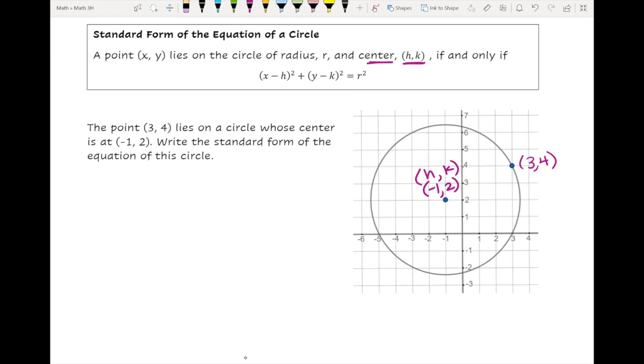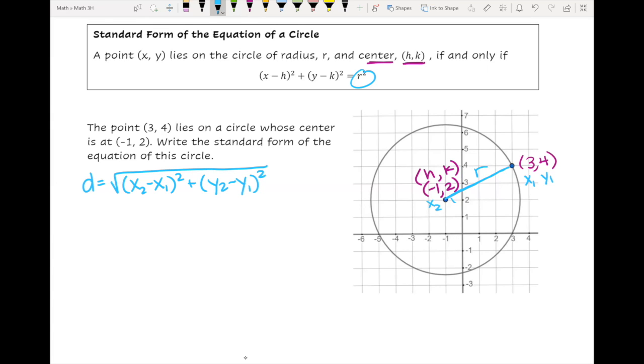So we're going to reach back to our last lesson. And I'll put this in blue here. We learned last time how to find the distance between 2 points. So when I find the distance between these 2 points, I'm finding the radius, which is in this equation. So just a reminder, that distance formula is right here. I'll call this my first point, x1, y1, and my second point has x2 and y2.